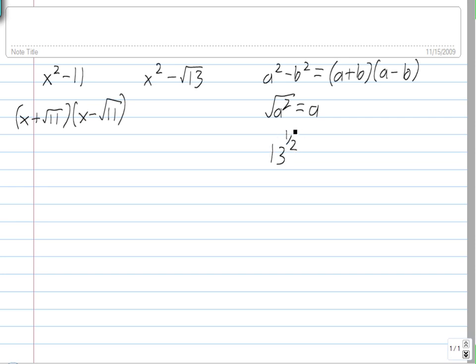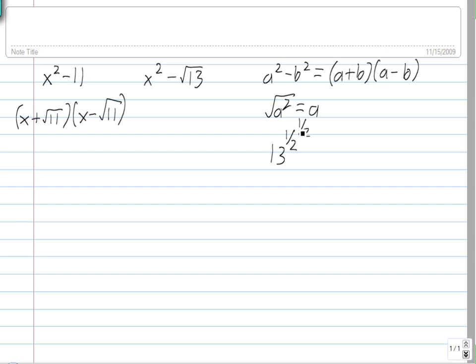And then since you're taking the square root of that, that means this 1/2 is being raised to a further 1/2. And if you remember your rules for exponents, when a power is raised to another power, that means they just become multiplied.